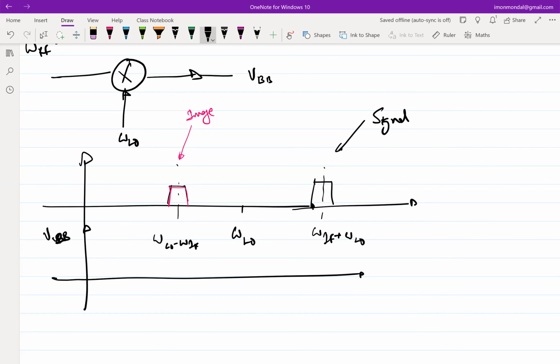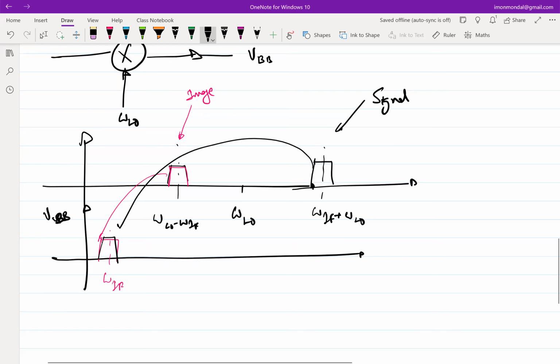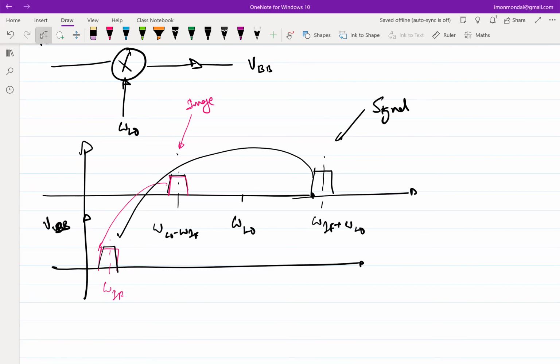After mixing and low pass filtering and throwing away the higher frequency component, both of them are going to come around omega IF. So if that is the case, you have a problem because obviously you would like to throw away the image.